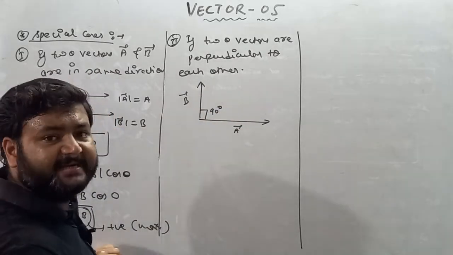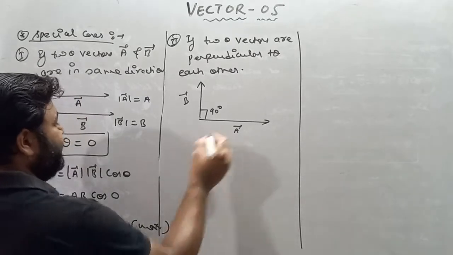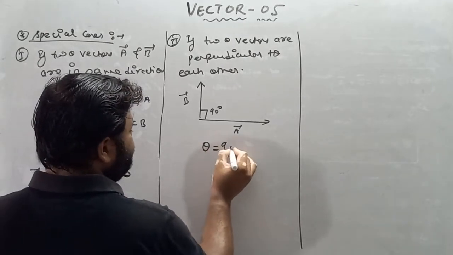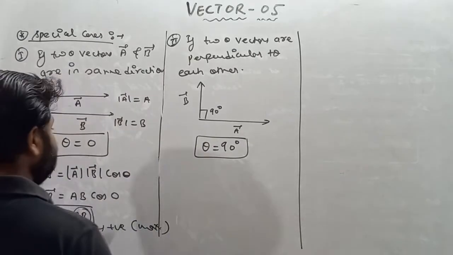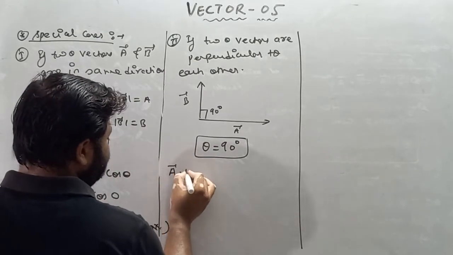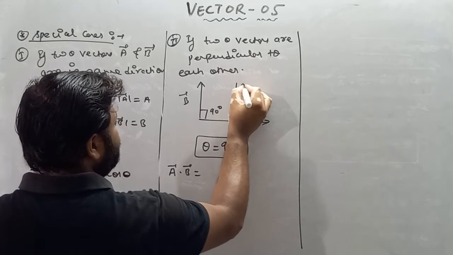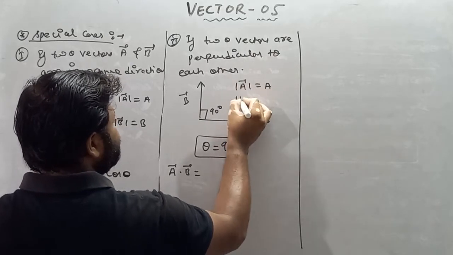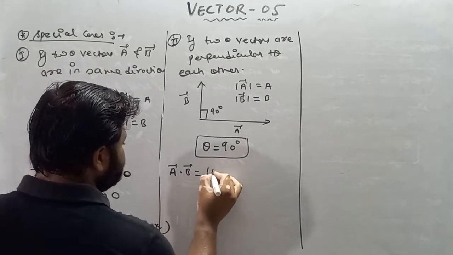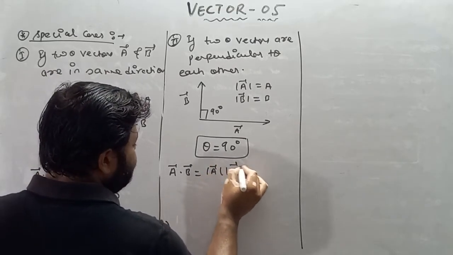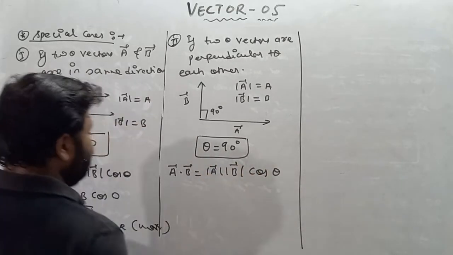Angle between A vector and B vector is 90 degree. So we know that if two vectors are perpendicular, then angle between them is 90 degree. So we'll get A vector dot B vector. Let's suppose magnitude of A vector is A and magnitude of B vector is B. So it is equals to magnitude of A vector, magnitude of B vector and cos theta.